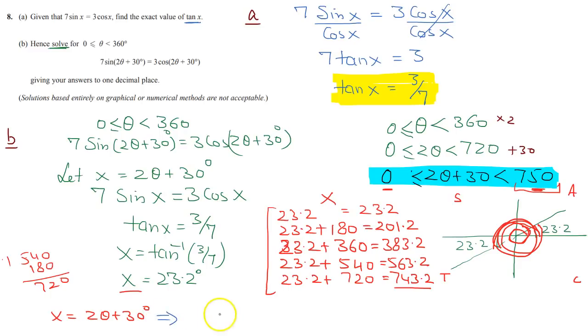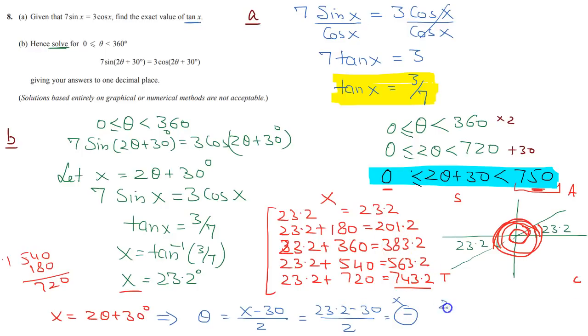It shows theta is equal to x minus 30 over 2. So let's take this 23.2 minus 30 over 2. This is a negative value. We are not going to take this.